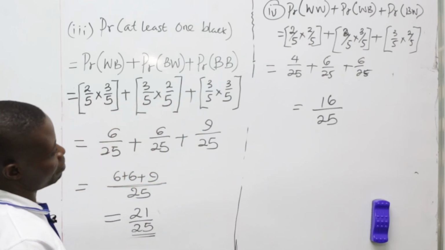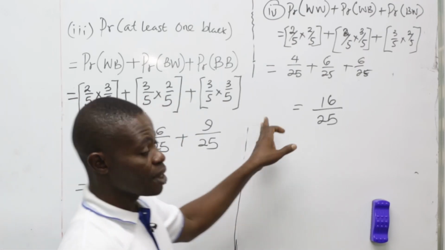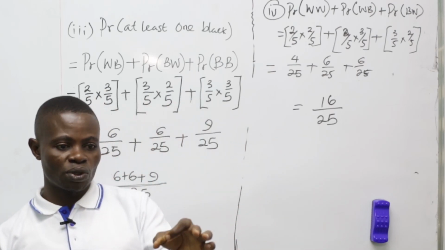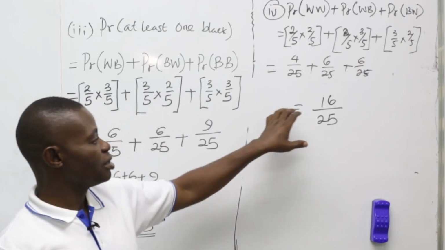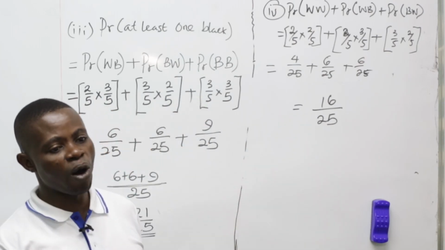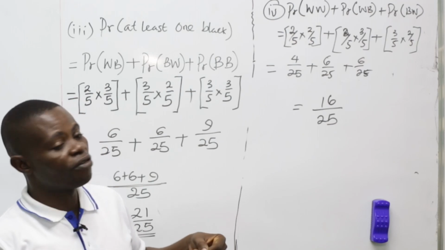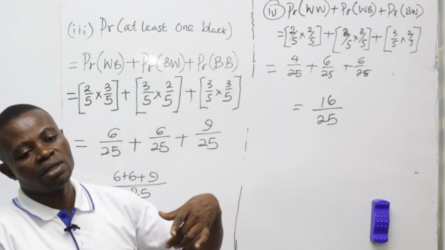So the probability of at most 1 black is 16 all over 25.